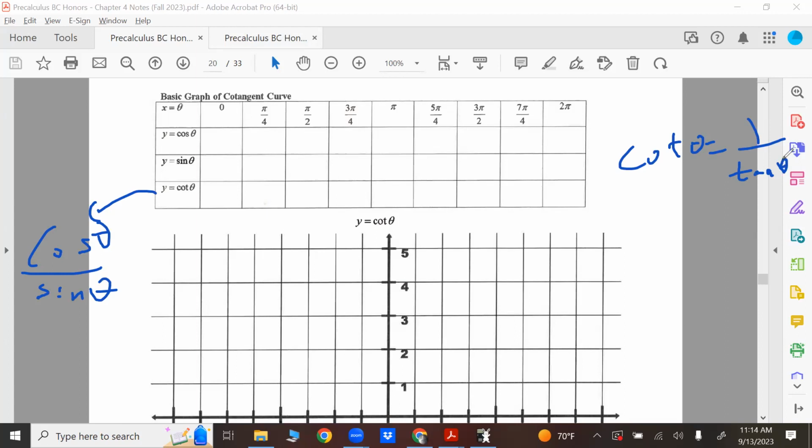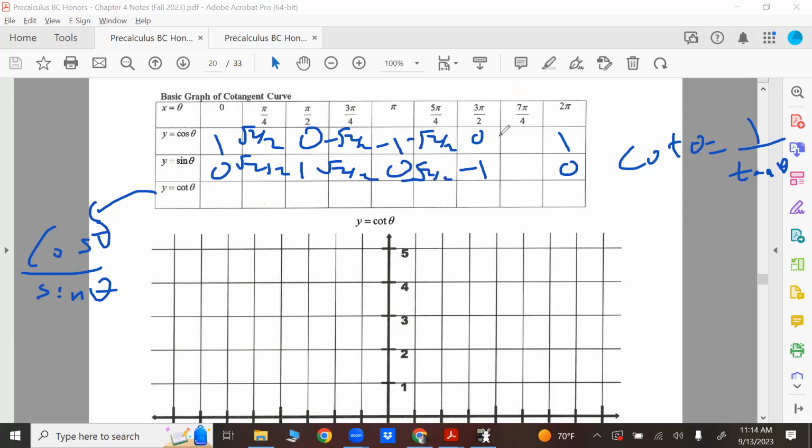Okay, so let's talk about it. Cosine of 0, 1, negative 1, 1, 0, 0, 0, 0, 0, 1, negative 1. And that kind of sounds like a broken record. Root 2 over 2, negative root 2 over 2, positive root 2 over 2. Both are negative here.